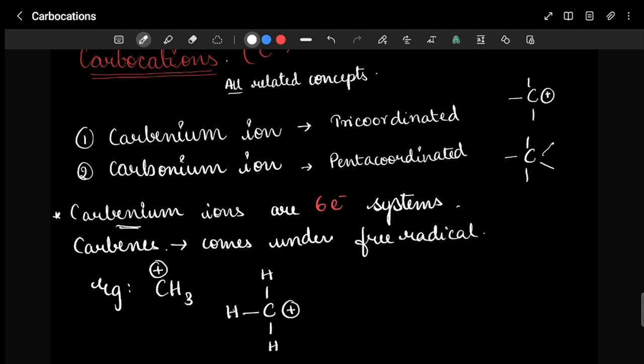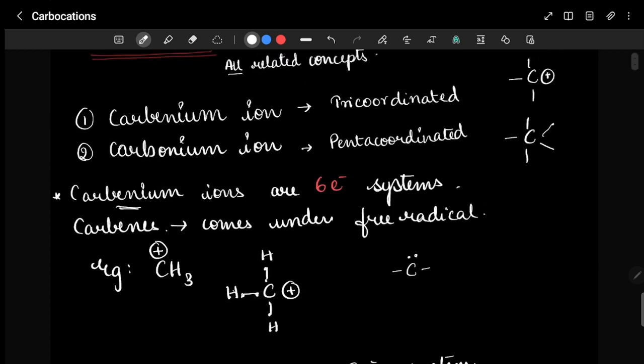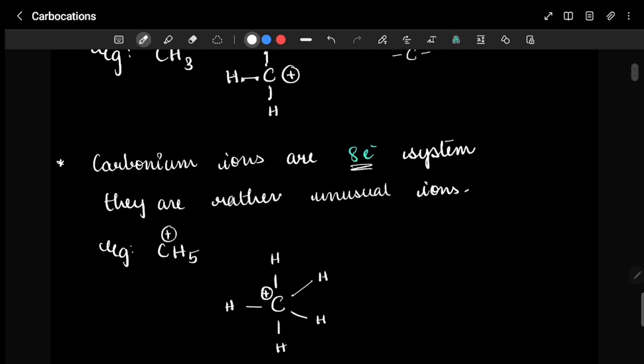Now, carbenium ions are six electron systems. So they have six electrons. See, 1, 2, 3, 4, 5, 6. Carbenes, which come under free radical, also have six electrons on carbon, like this. Now, carbonium ions are eight electron systems, and they are rather unusual ions.